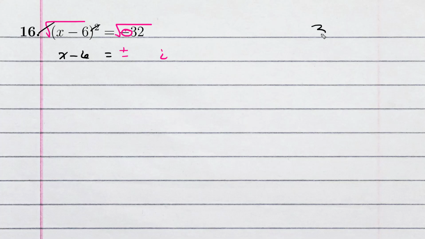And we take the 32, we look for the largest perfect square number that can divide into it. When we're looking at those perfect square numbers, we're looking at 1, 4, 9, 16, 25, etc. So 16 is the largest perfect square that can divide into 32 evenly. So square root of 16 times square root of 2. The square root of 16 is 4.